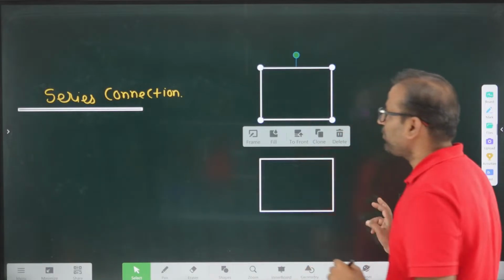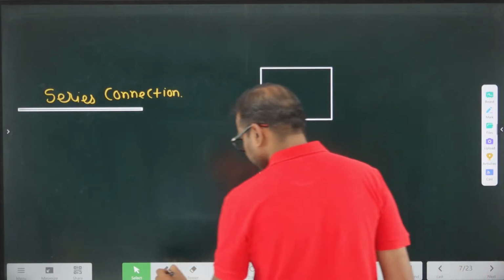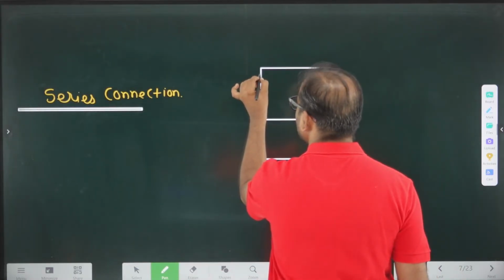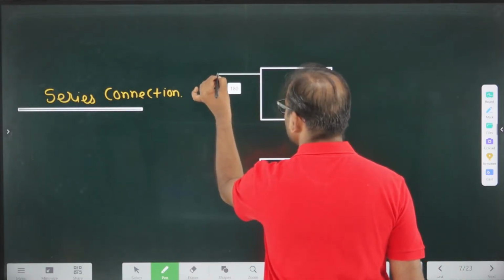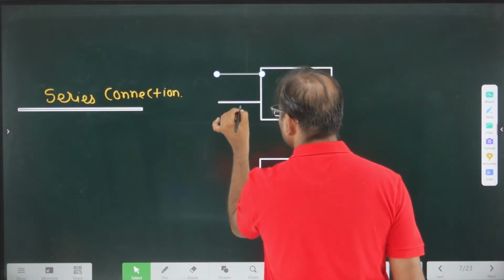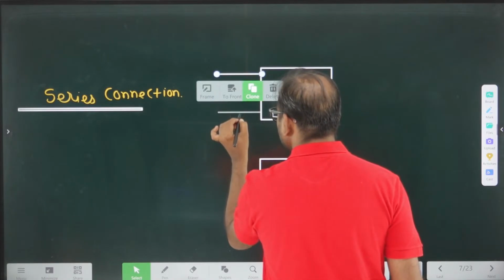These are two two-port networks, and we are having a two-port network. Means how many terminals we are having?